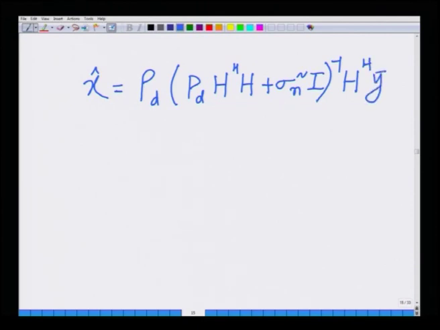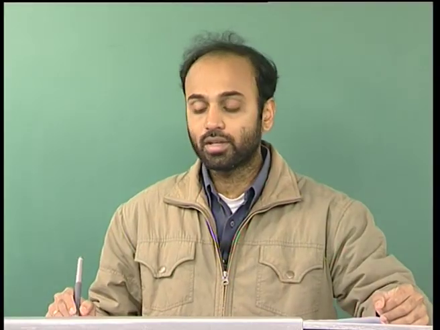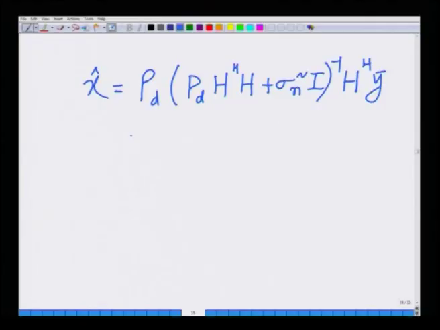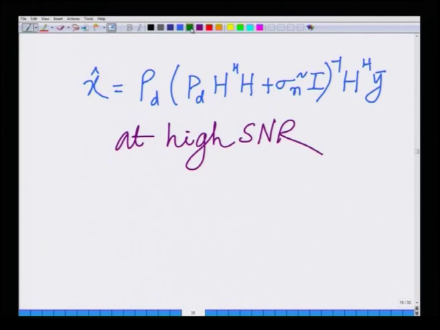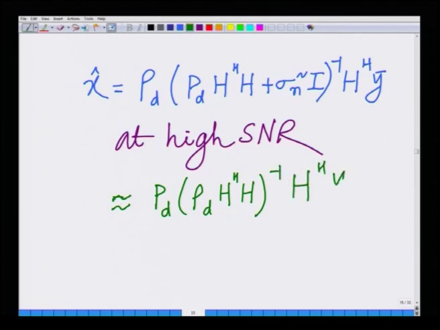Hermitian y bar. Now, let us consider high signal to noise power ratio. At high SNR, P_D is much larger compared to sigma n squared, which means this approximately becomes P_D into P_D h Hermitian h, with sigma n squared negligible, inverse, h Hermitian y bar.